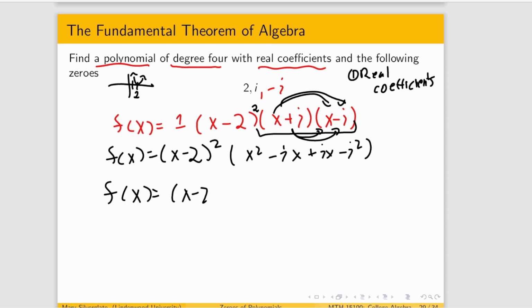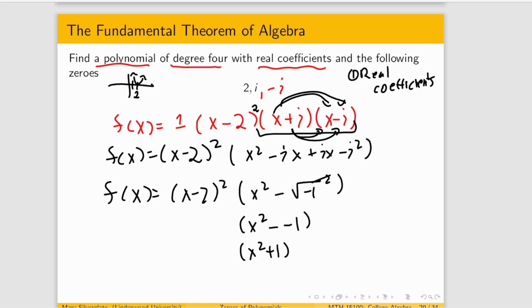Again, keep the first part the same. Negative ix plus ix makes 0. i, by definition, is the square root of negative 1. If I take the square root of negative 1 all squared, that undoes each other. I'm left with x squared minus negative 1, which is x squared plus 1. And then the other terms I'm just dropping down.